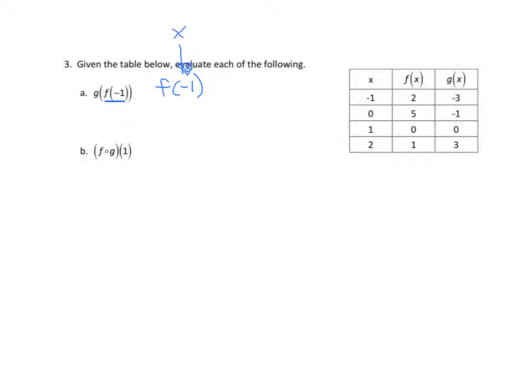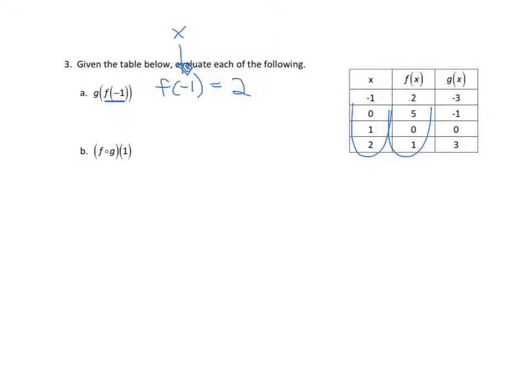So I go to my x column and I find -1. And then I go over to my f of x column and find the corresponding function value, which is actually like a y value, and I get the answer to that part. So f of -1 would equal 2. So that's the first part.